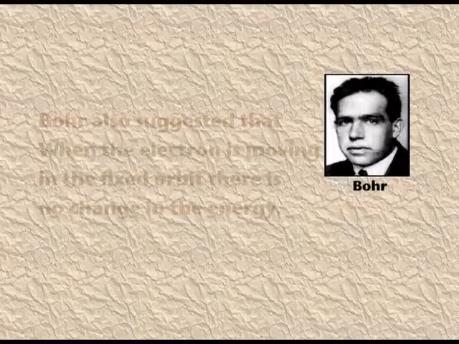Bohr then gave his atomic model and he proposed that the atom has a nucleus in the center and the electrons are revolving in fixed orbits around the nucleus. These orbits have fixed radius and energy and they are present in the form of concentric rings.